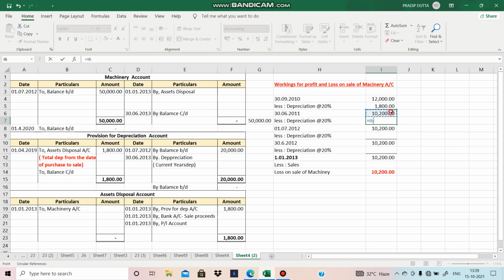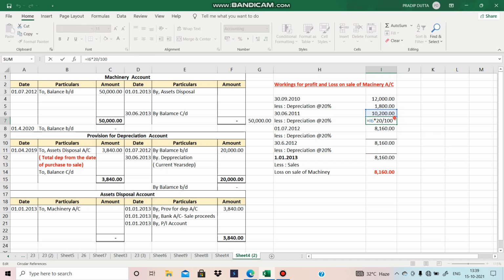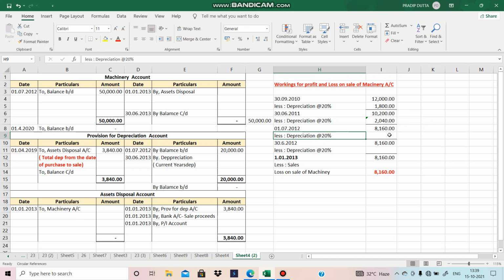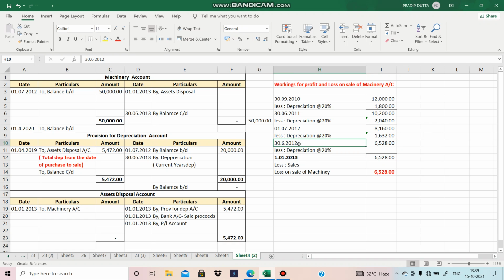In the next year the depreciation charged will be 2,040, so the written down value is 8,160. Now again we charge depreciation of 20% for the full year, which is 1,632. But the date of sale of the machinery is January 2013, so our opening date is 1st July.